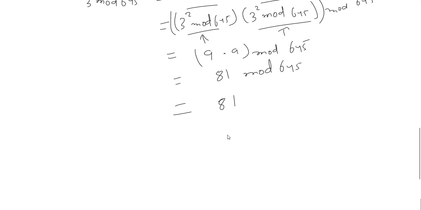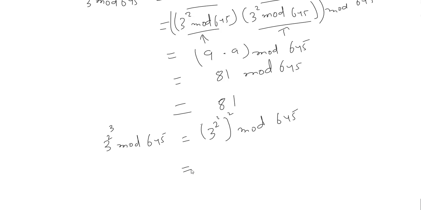Similarly, let's calculate 3 raised power 2 with the power of 3 mod 645. That will actually be equal to 3 raised power 2 with the power of 2 whole square mod 645.